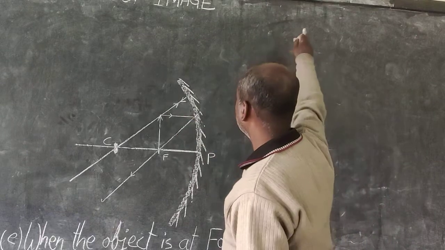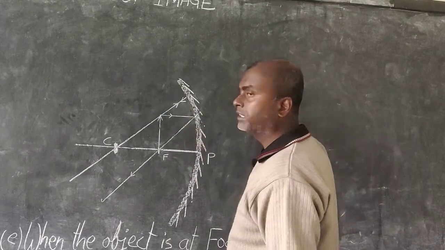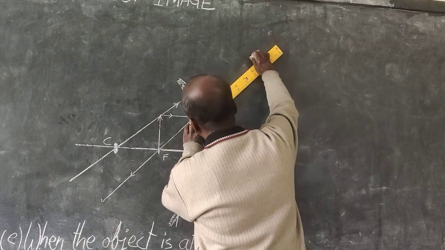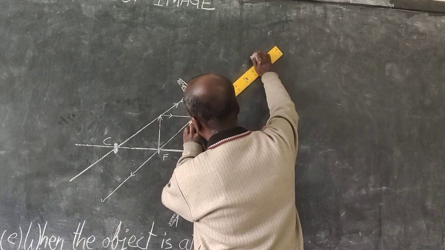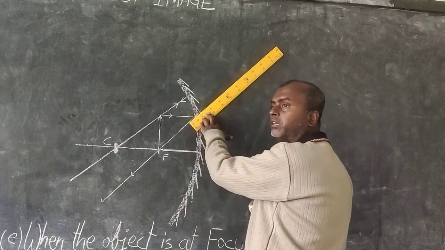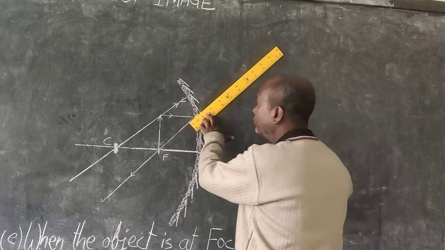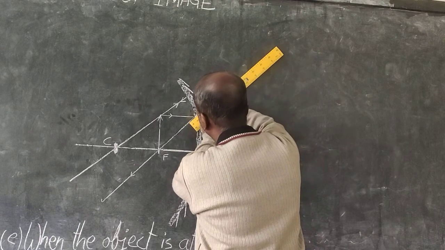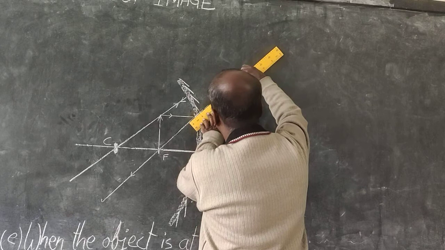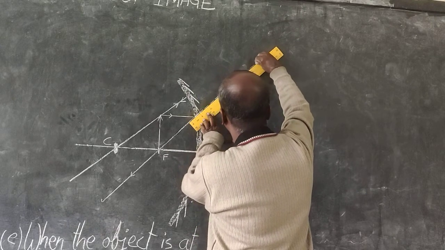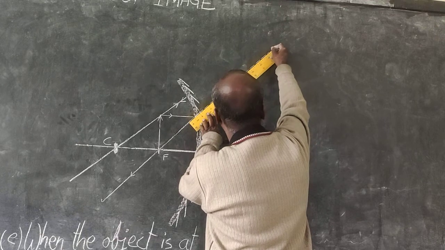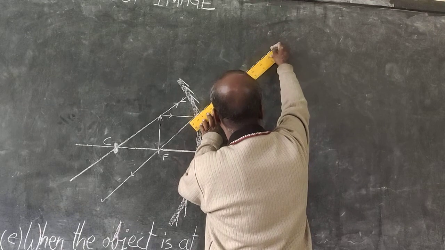We are going to prolong these reflected rays backward behind the mirror, and we will see whether they meet each other. Now remember, this is not the actual path of light, so we are going to show dotted lines. The actual path of light is given by full lines, but this is only drawn to get the position of the image.